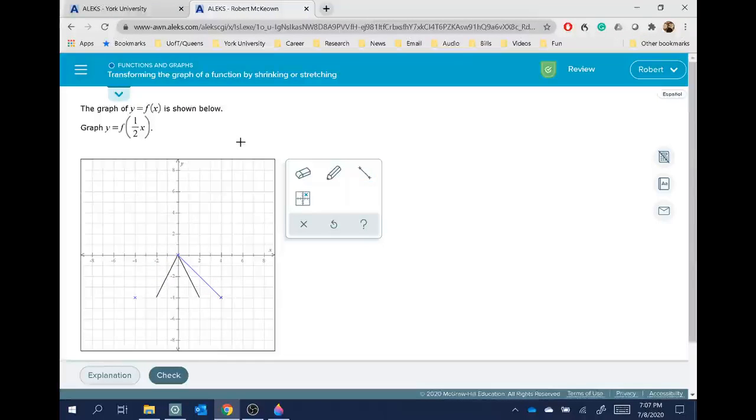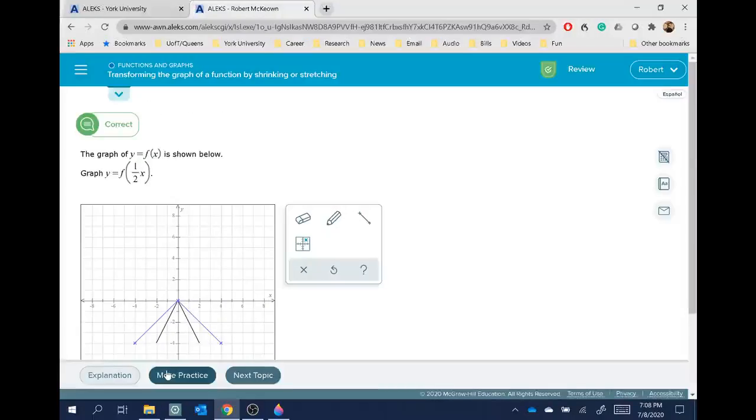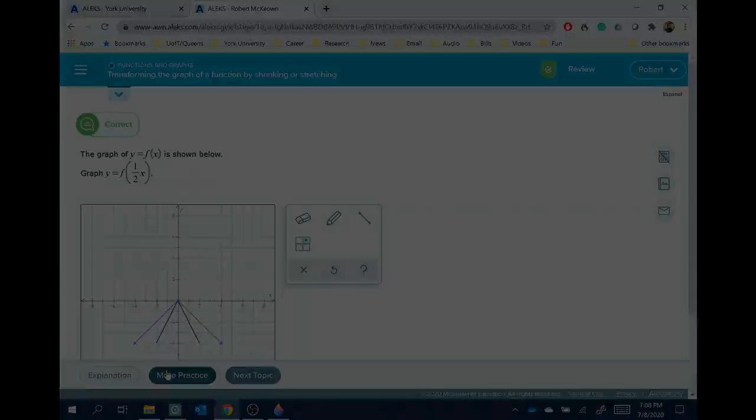I'm going to just draw the lines. Now I got to draw 2 lines. And so we've stretched the function out to the left and the right because we need more x to get the same y. So let's see if that was correct. And it was correct. So we needed twice as much x to get the same amount of y.